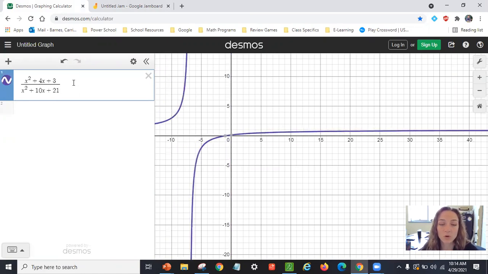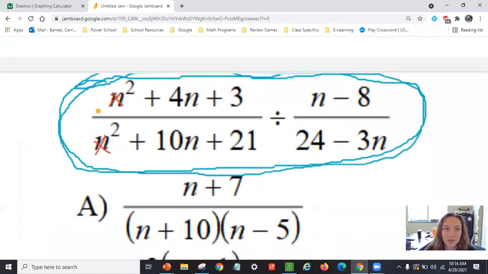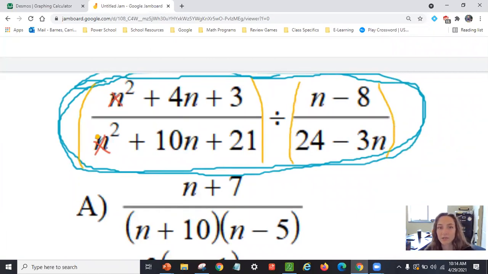Okay, and then we're going to have to do divided by. What I need you to do for divided is put each one in parentheses, otherwise you may get the incorrect answer. So let's put parentheses around this whole thing, around this guy and around this guy, and you'll see why, because it's going to look a little bit different than it does here.